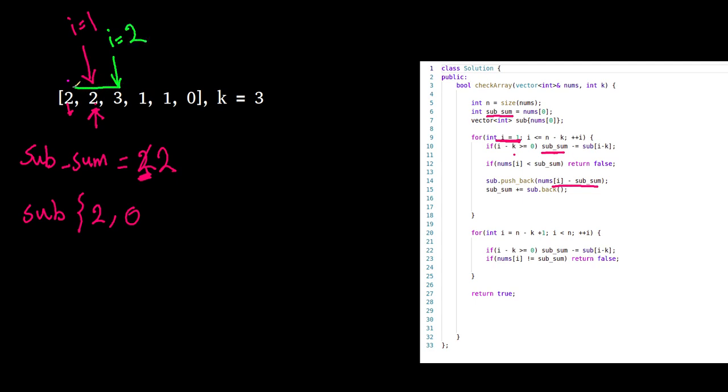Then we need to solve for I equal 2. Now again we check if this element previous to the window is greater than or equal 0, and the answer is no. Then we need to check if the subtracted sum so far is greater than 3. Answer is no. And what we need to make this 0 is 3 minus 2 equal 1.